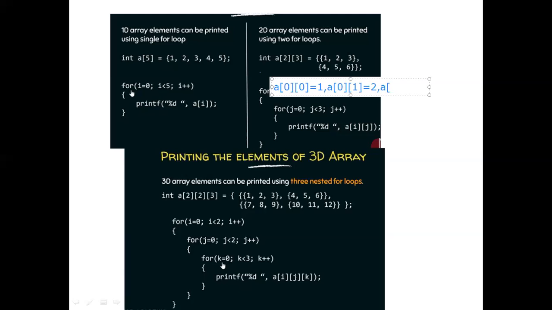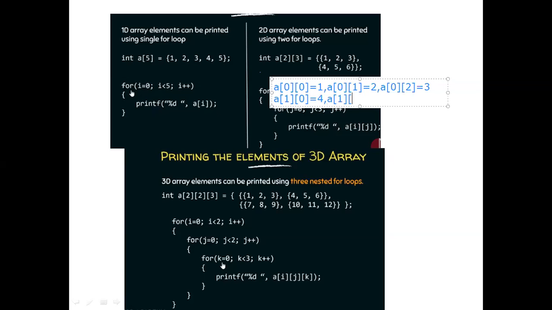A of 0 comma 2, what will be the value? 3. 3 will be stored. In the same way, a of 1 comma 0 is equal to 4. In this way they will be stored.